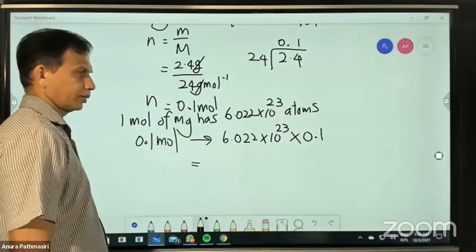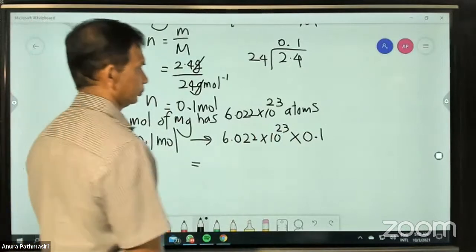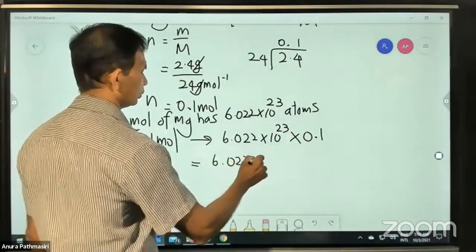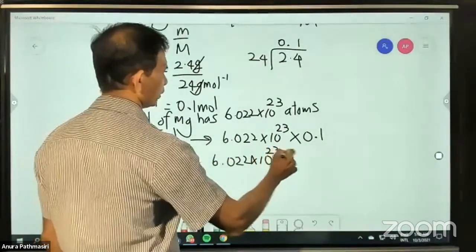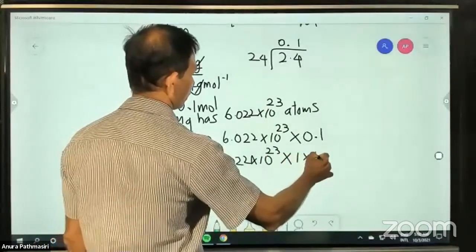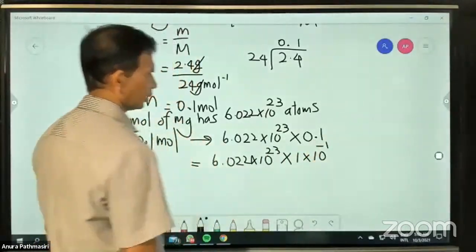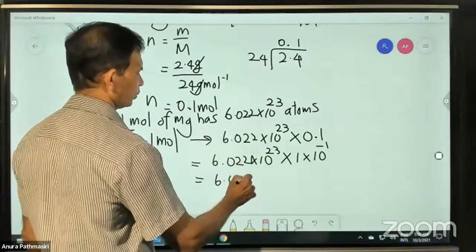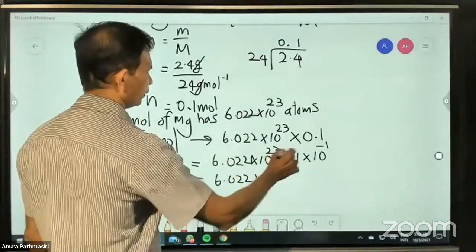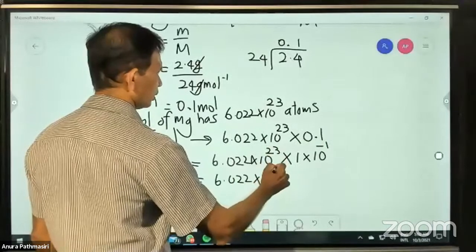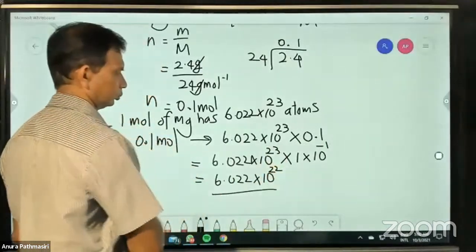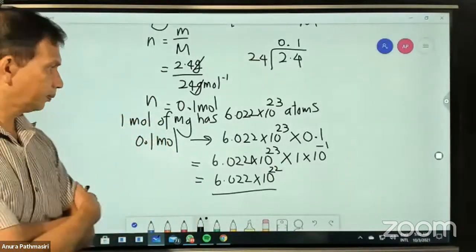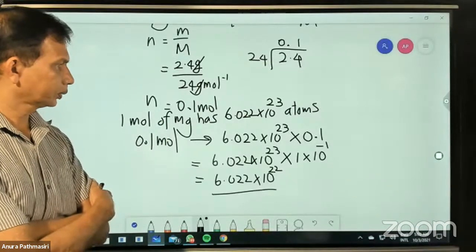What is your answer? 6.022 times 10 to the power 23 multiplied by 1 times 10 to the power -1. That means 6.022 times 10 to the power 22. Correct? Yes, sir. Correct or no?